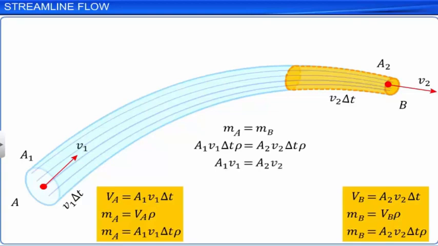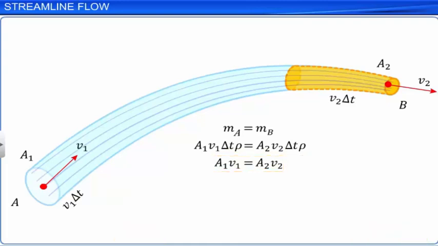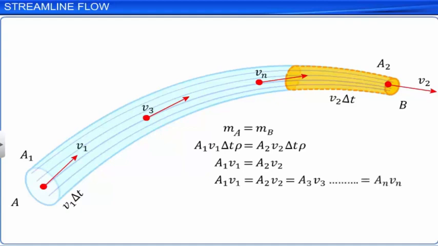This expression is called the equation of continuity. If we consider various points in the tube where the velocities of a fluid are different, we can write A1 V1 is equal to A2 V2 is equal to A3 V3 and so on, equal to An Vn.